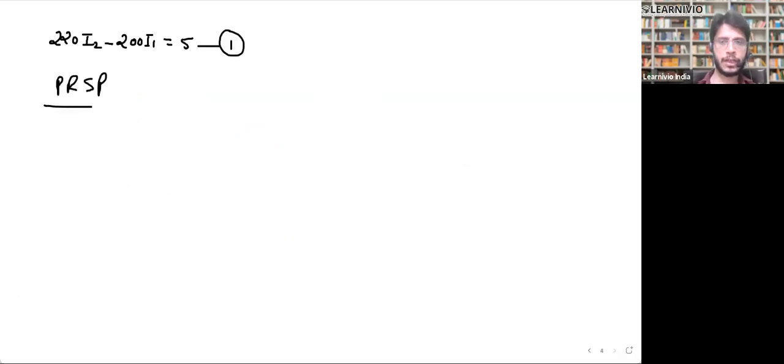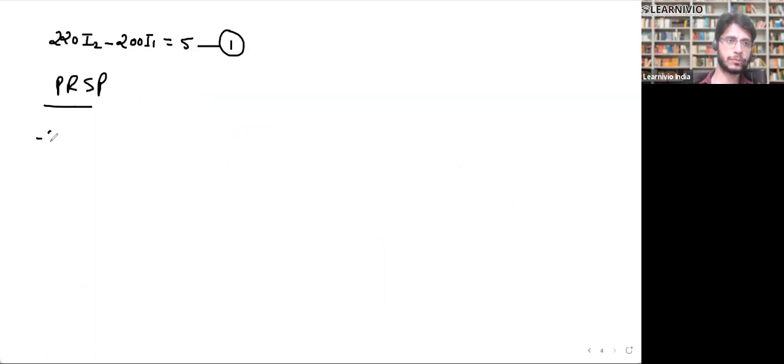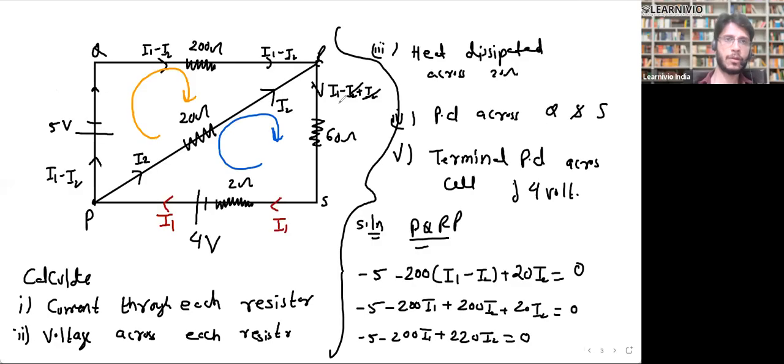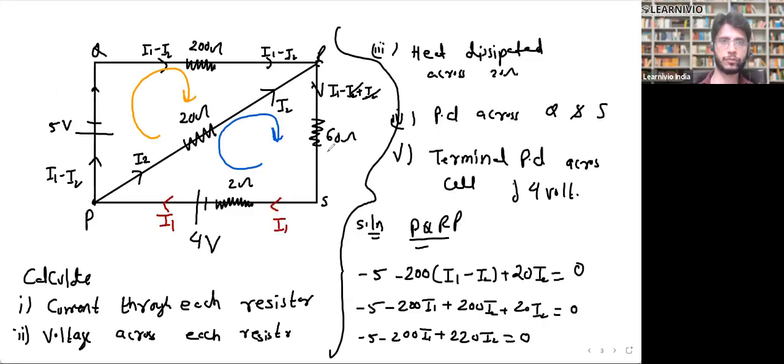Okay, so if I take PRSP, when I'm going from P to R, I'm going in the direction of current, so the voltage drop will be minus 20 I2. When I'm going from R to S, I'm again moving in the direction of the current, so this is minus 60 I1. When I'm going from S to P, I'm again moving in the direction of current, that's minus 2 I1.